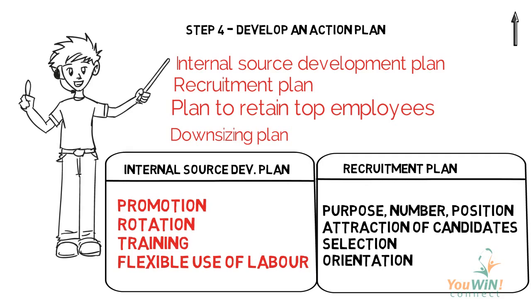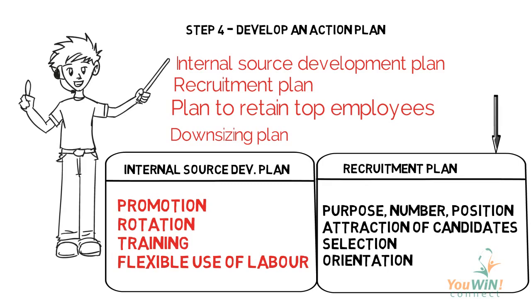The recruitment plan, you have to make sure you look at the purpose, the number, positions that you are recruiting for, how you are going to attract the candidates, the selection process, and of course, the orientation. So you can see that in developing your action plan, each of the plans, you need to break them down into the various elements that you will be covering in the plan.